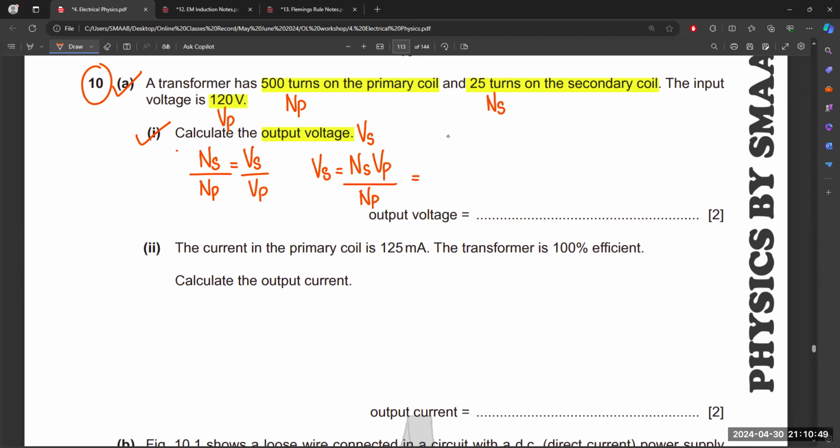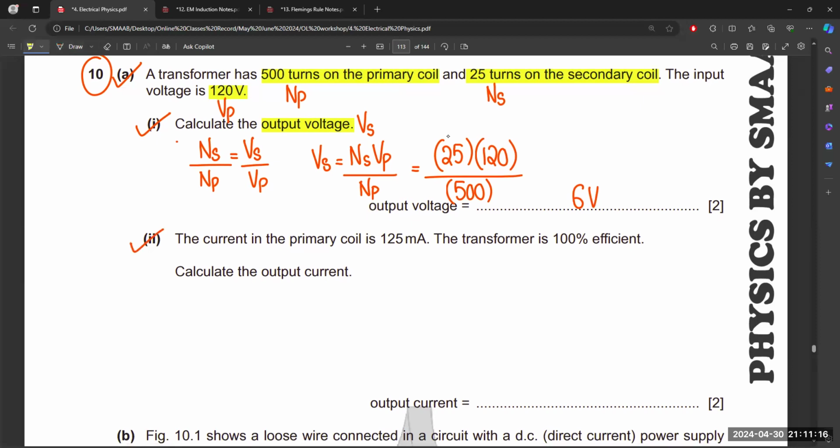So number of turns in secondary coil is 25. Voltage of primary is 120. Number of turns in primary is equal to 500. 6 volt is the voltage in the output, like in the secondary coil.